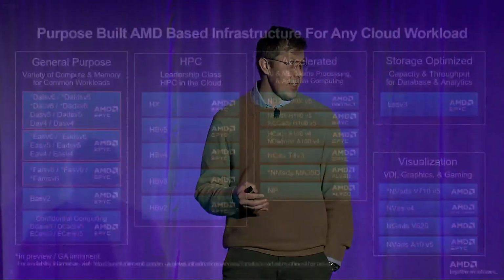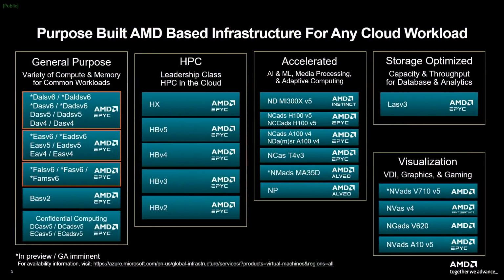This is a ton of products that we've enabled with Azure. Again, many people are not aware of the breadth of the portfolio of AMD EPYC-based solutions in Azure. What you'll see here is we cover everything from general purpose all the way to visualization, HPC (high-performance computing) solutions, storage optimized, accelerated solutions using GPUs, and more.